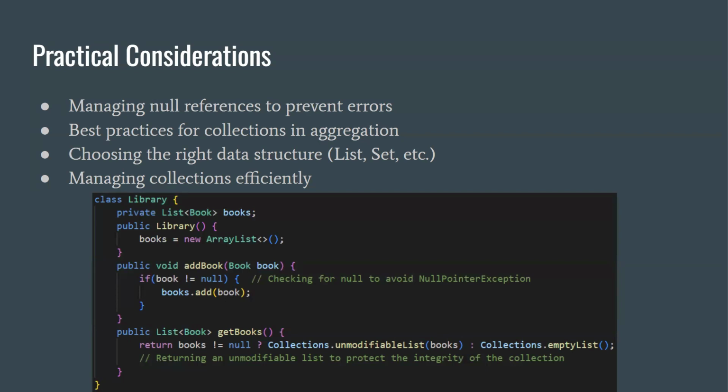We can see here in library, when we're adding a book, we are handling the null case to avoid a null pointer exception. And when we're getting books, we are returning an unmodifiable list to protect the integrity of the collection.